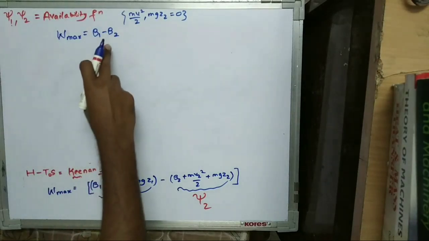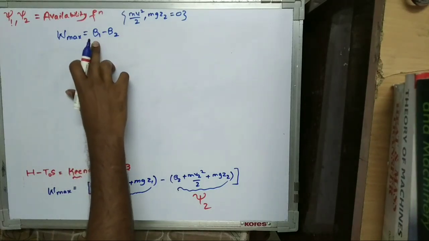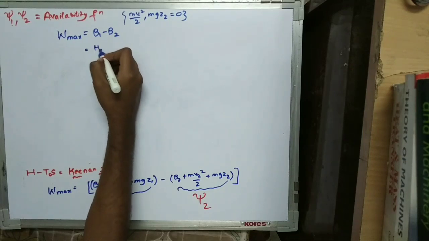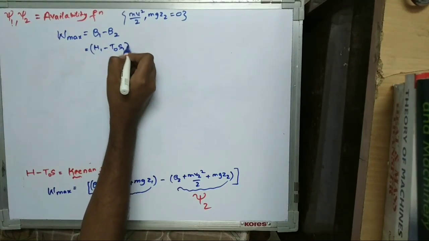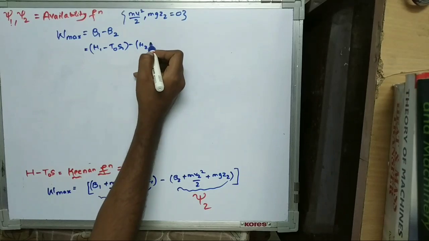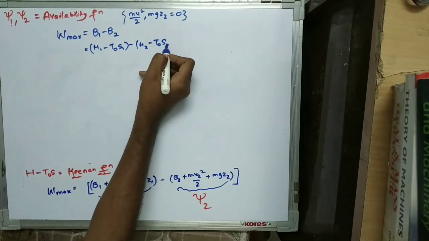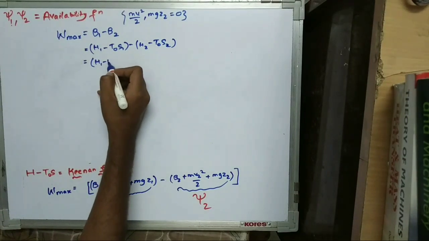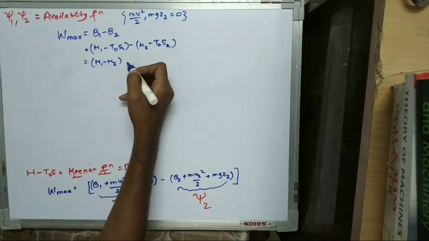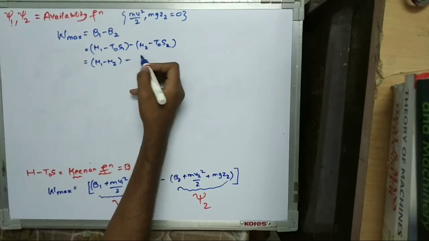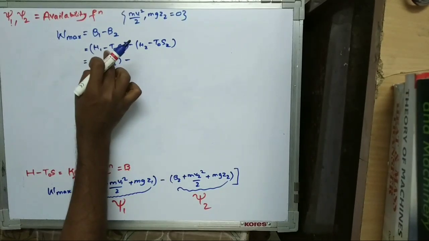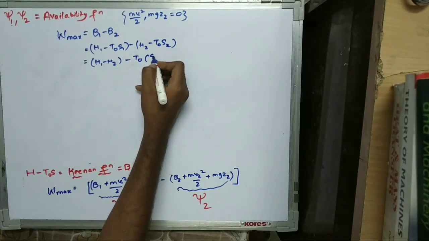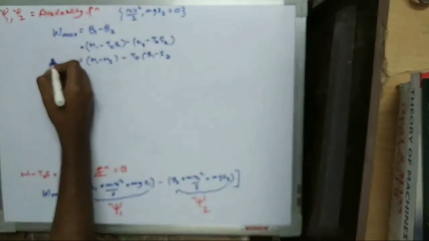Since it is not per unit mass, we take it as capital B1 minus B2. So this becomes H1 minus T0 S1 minus (H2 minus T0 S2). Now this becomes H1 minus H2, taking the like terms separately, minus T0 times (S1 minus S2). This is W max.